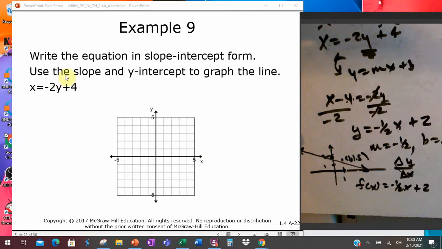So that would have been easy. Sometimes I go back and ask, where's the easiest place to find it? Here would be the easiest. If I set y equal to 0, I'd have x equal to 4. I don't want to go back over here and set y equal to 0 and solve again. That's just too much extra work.